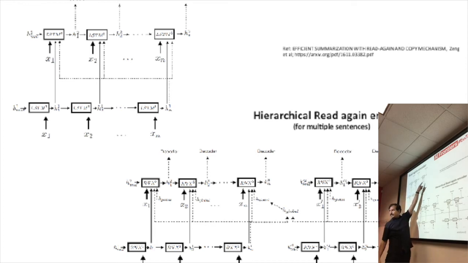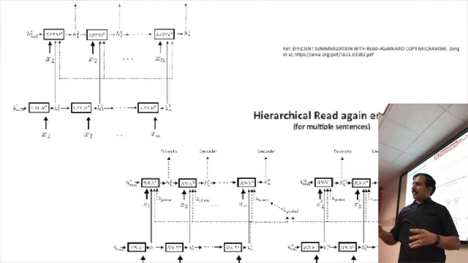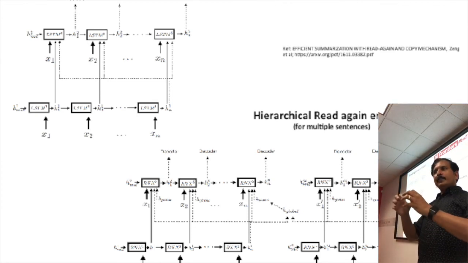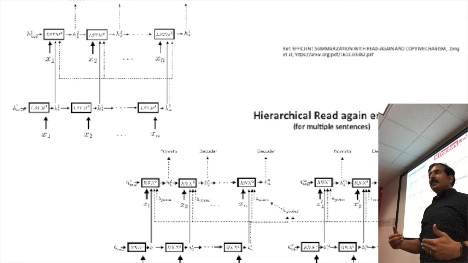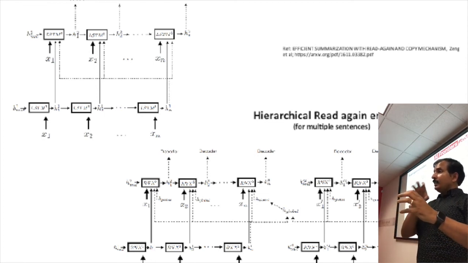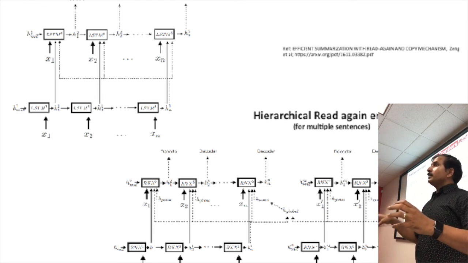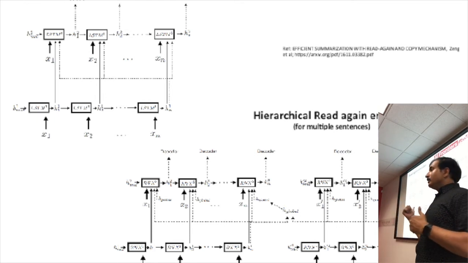And the final hidden state the second encoder outputs is the one that is going to be used for creating summaries. So now it has read the same input twice. It has considered the hidden states of its own, that is the encoder 2, but it also has taken the hidden states of encoder 1. So it's reading the same text multiple times, and apparently the success rate, I think, has gone up.